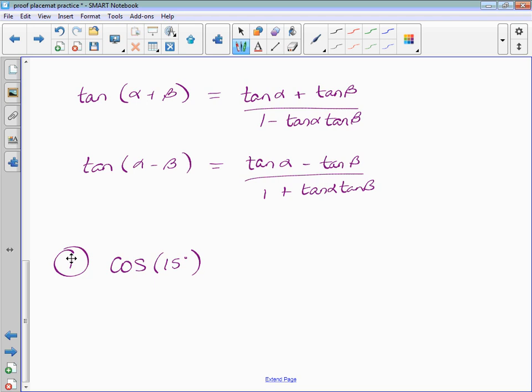So could I subtract 2 angles to get 15 degrees? 45 minus 30. Got it.